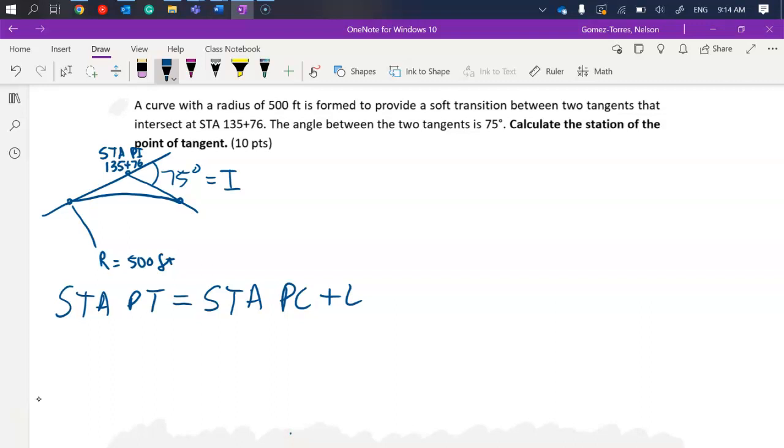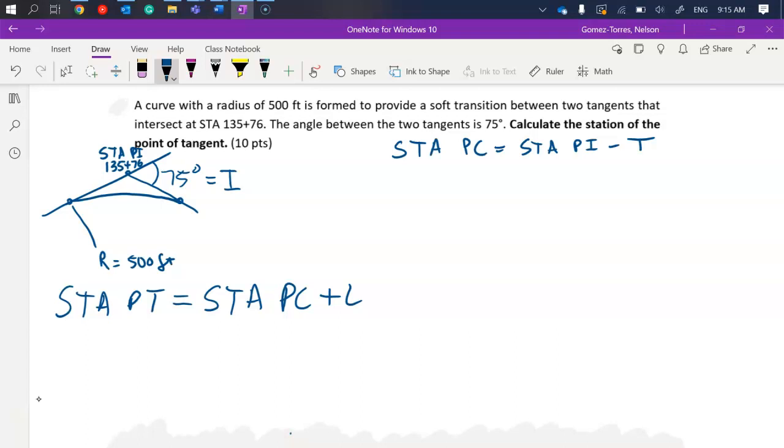So the station of PC can be found with the station of PI minus T. And if you remember, we cannot go from PI to PT.